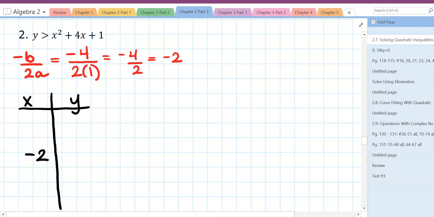And then pick some numbers above and below. It's like -4, -3 would be below -2. Greater than -2 would be -1 and 0. Okay, so I'll give you about a minute or two to fill out your chart there. Find those numbers.